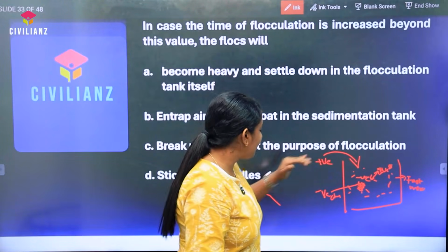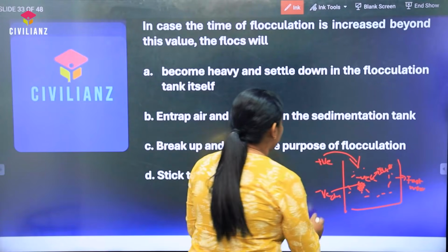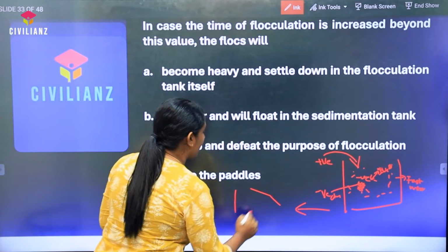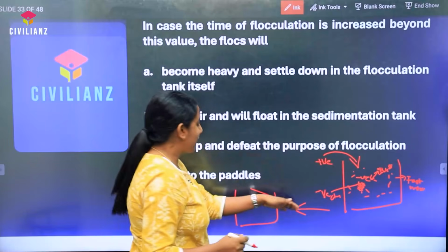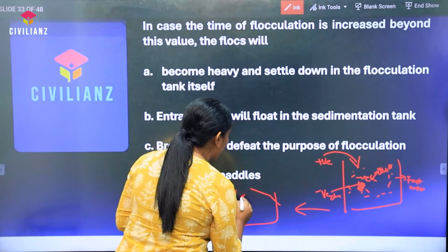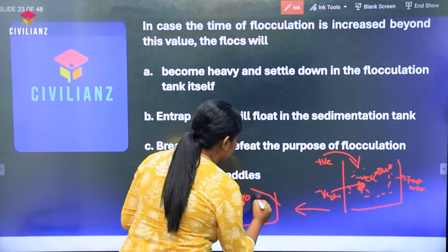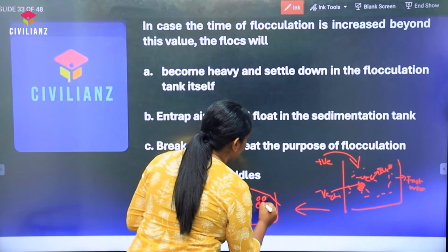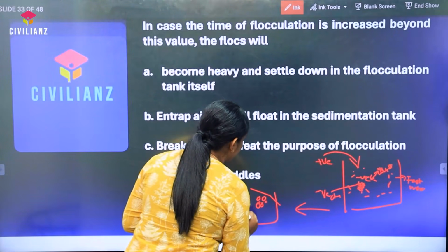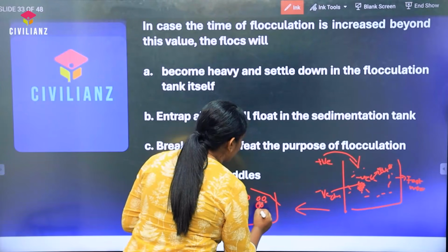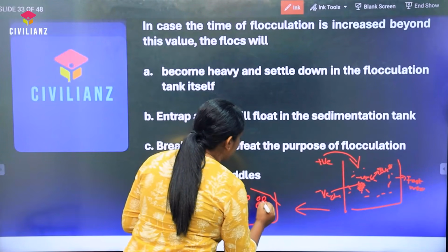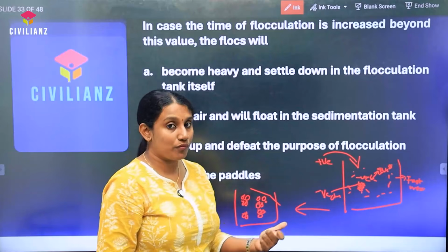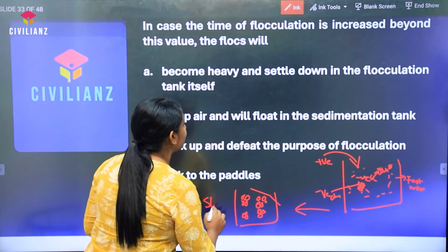Okay. After coagulation, the next process is flocculation. After the coagulant is added, they have formed big particles, that is flocks. In this case, we introduce slow mixing. Why slow mixing?